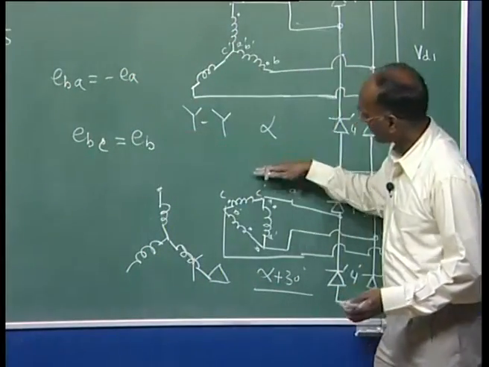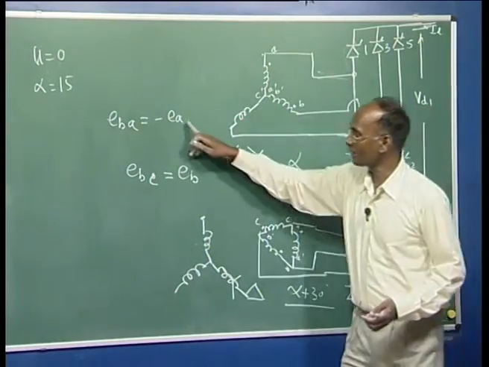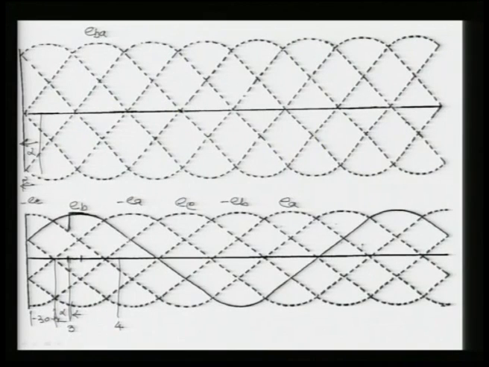All these we are talking about; this case is not related to that case. This case is different. Here you can find minus EA is just on top of this, so it will go up to here and then the output voltage will be this. Again it will be getting 5, then 6, then pulse 1, then 2, and then again 3, meaning we complete the cycle.